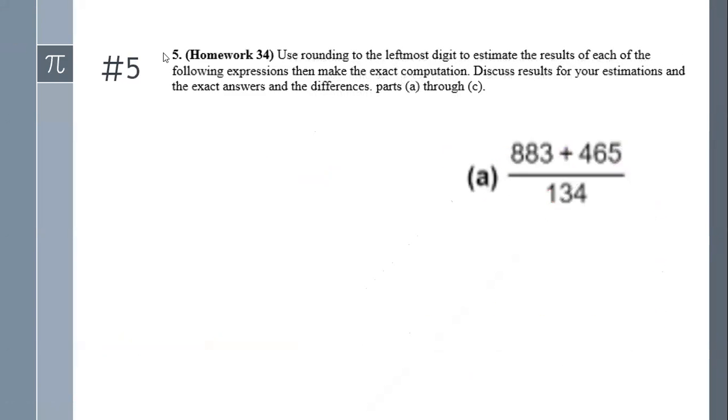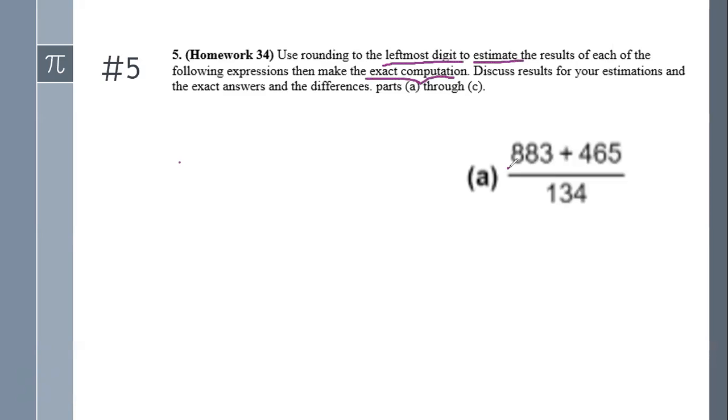And number 5. Let's read the question. We're going to use rounding to the leftmost digit to estimate the results and then make an exact computation. And we'll discuss it. So our problem is 883 plus 465 over 134.